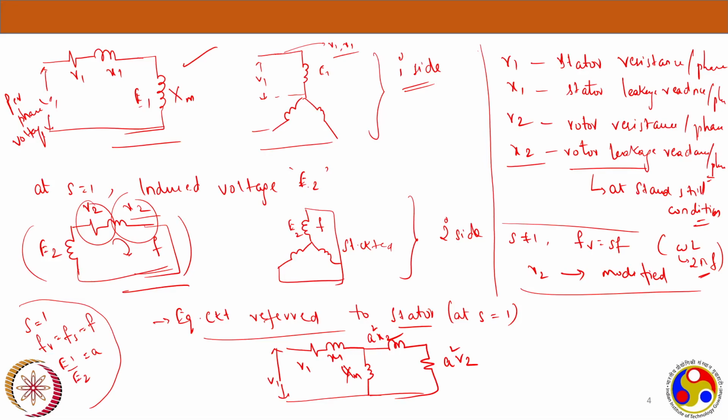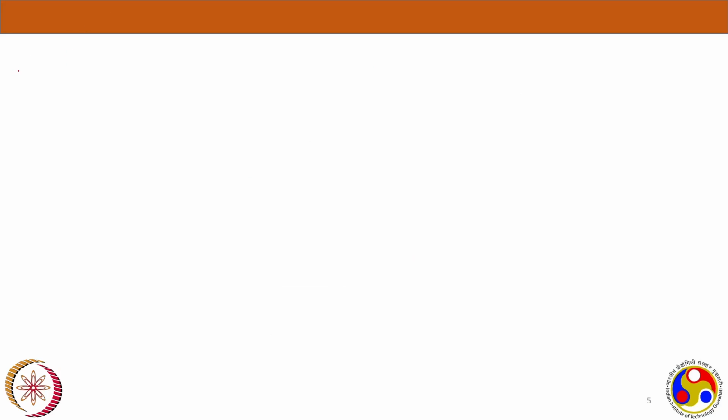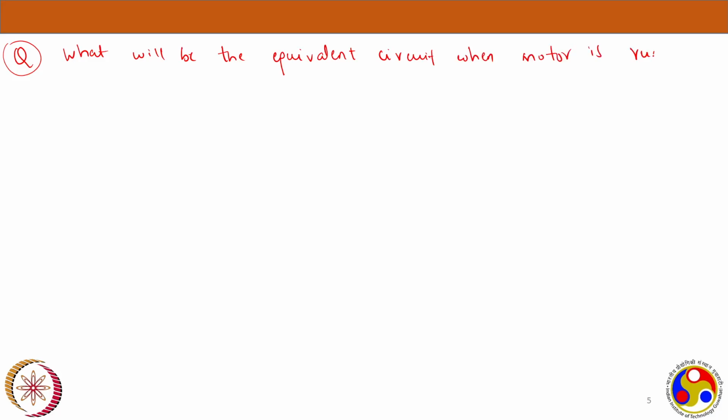Now the important question is, what will be the equivalent circuit when the motor is running? That means S is not equal to 1, right?